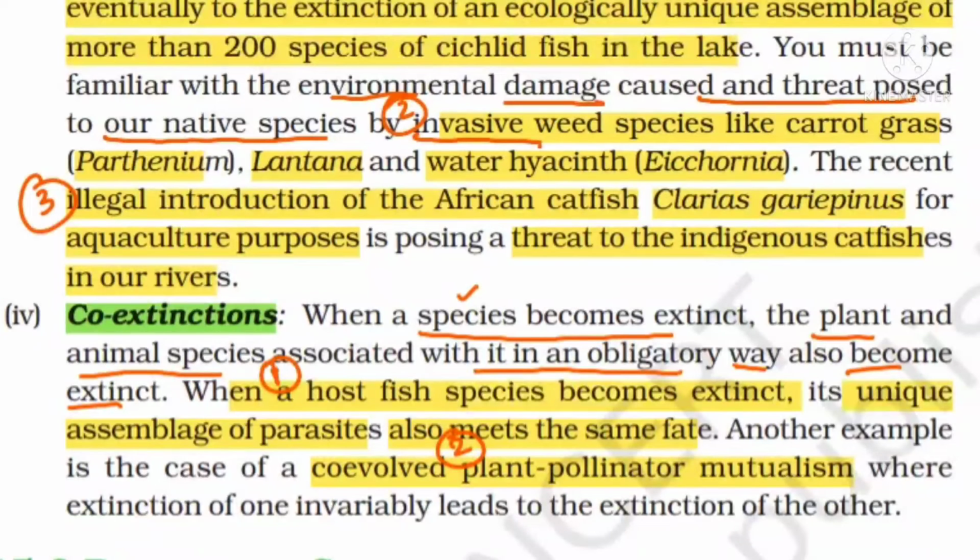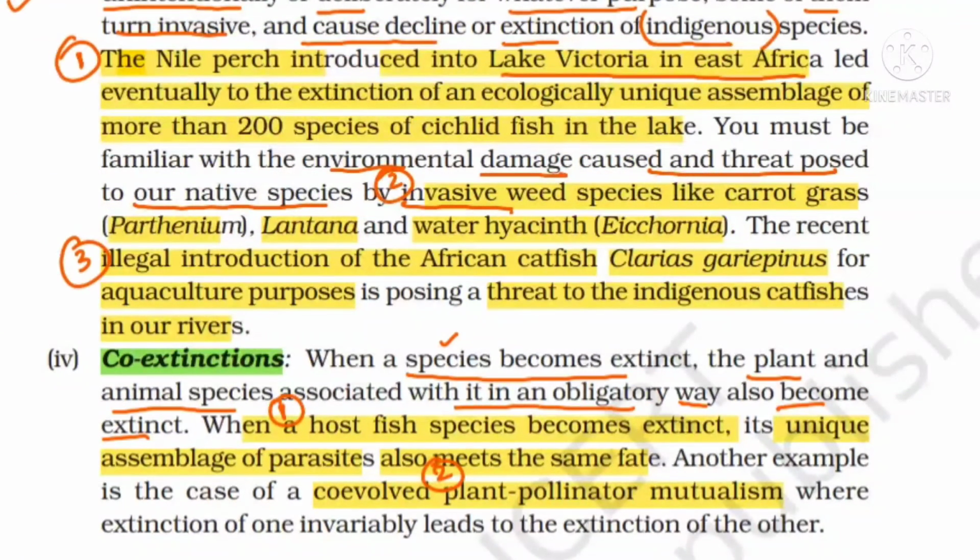When the male comes thinking it is a female, it is actually a type of sexual deceit mechanism which the plant is using. If the moth realizes it is being cheated, through evolution it may change its size or marking, and the plant will also change its shape and marking. So when they are co-evolved and mutualists, in a plus relationship, extinction of one will lead to the extinction of the other.